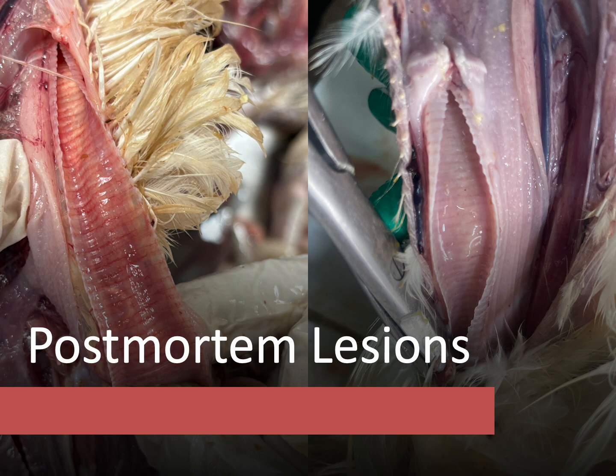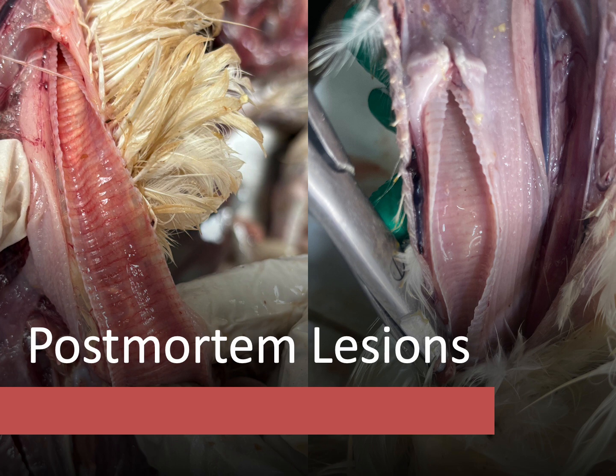So now we're getting to the postmortem lesions of infectious bronchitis. On this slide, we can see two images of the trachea, one on the left, one on the right. We can almost tell which one is infected by the level of congestion we see.